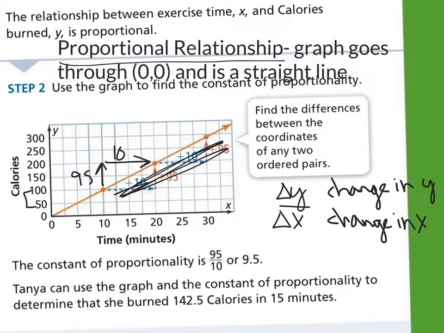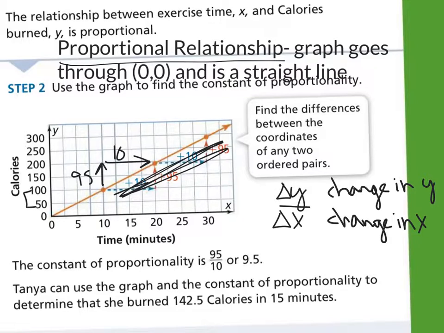So for any line, we can look from one point to the next. If it's a straight line, how much did our y change by? How much did our x change by? If you divide that out, that is going to be, for any line, what we'll learn about later as what's called slope. Okay, that's a preview of something to come here.